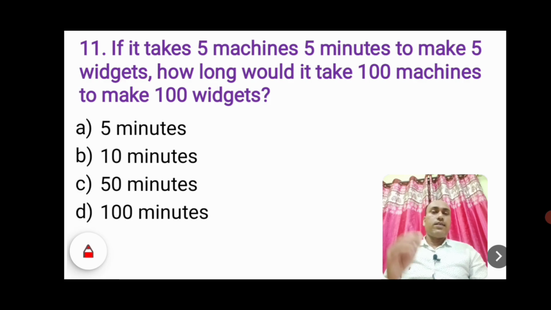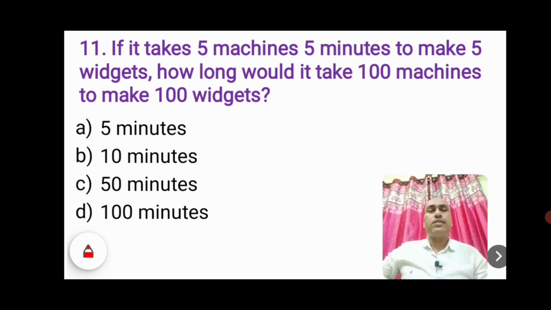Now it is a question of mathematics, so you can solve it on your paper with a pen. So you can read it. If it takes 5 machines 5 minutes to make 5 widgets, how long will it take 100 machines to make 100 widgets?